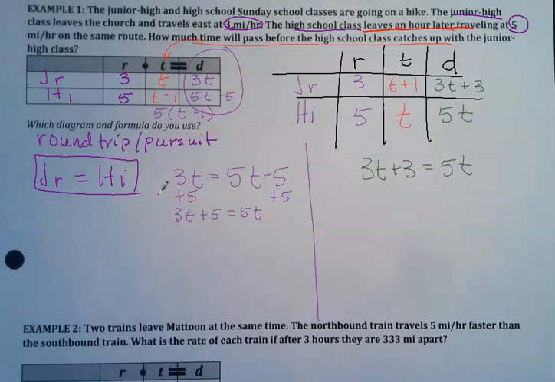So what would I do next? Like terms? Okay, what would I do with my like terms? Subtract 3t from both sides. Okay. So then I have 5 equals 2t.